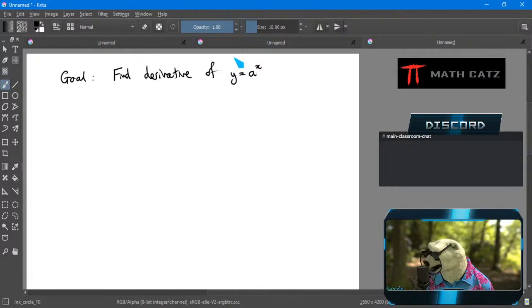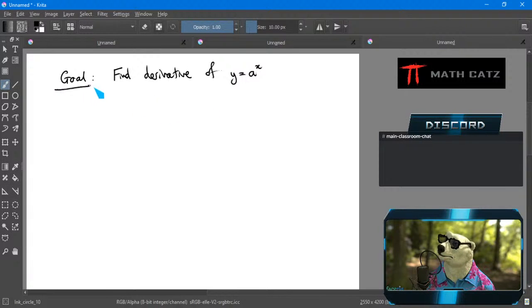I call this my general exponential function because the base can be whatever, general base, 2, 3, whatever. Okay. So that is the question.